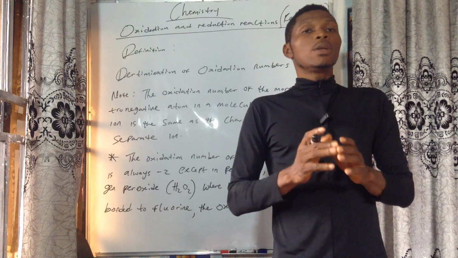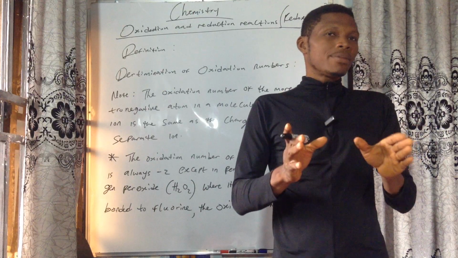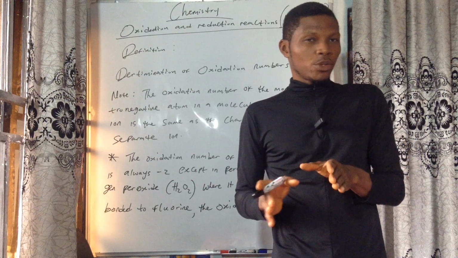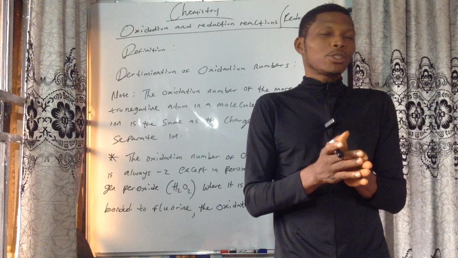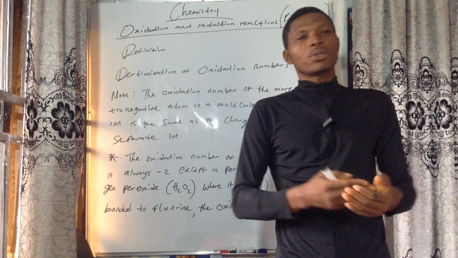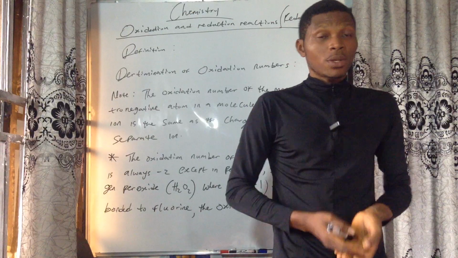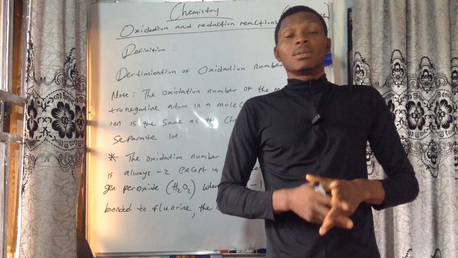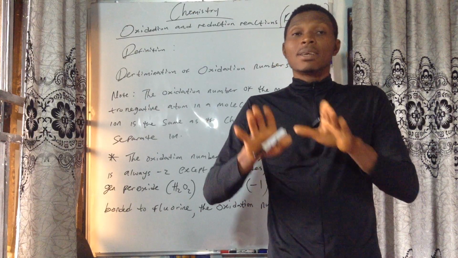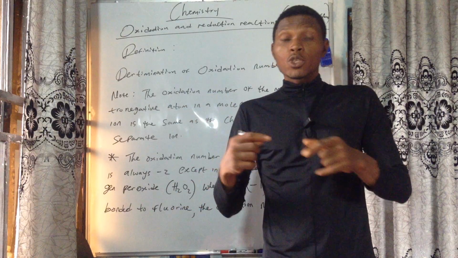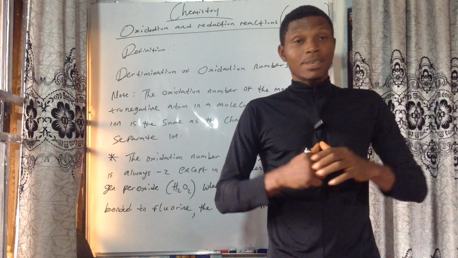Now, we have descriptive classification of chemical reactions, where we classify chemical reactions as combination reactions, displacement reactions, double displacement, decomposition, and the rest of them. That one is descriptive classification, but this one is fundamental classification.